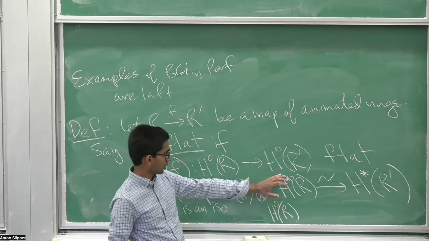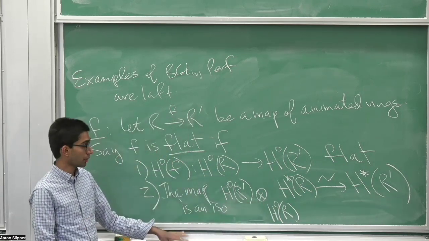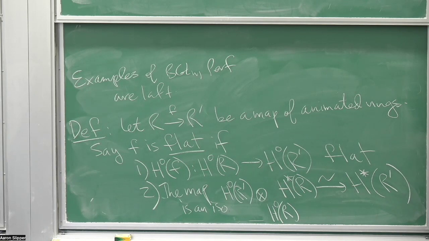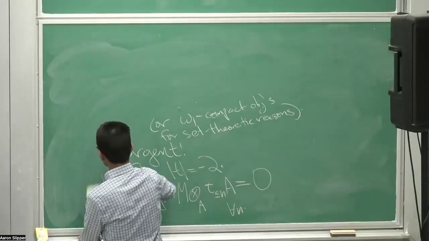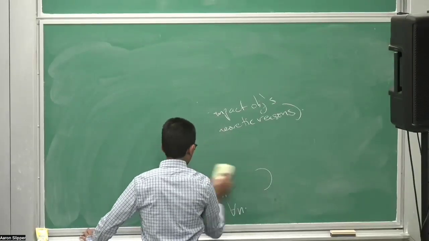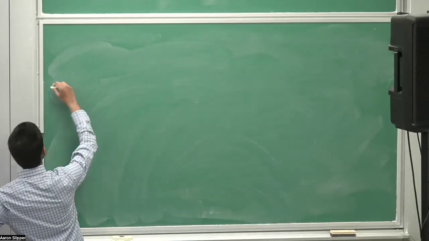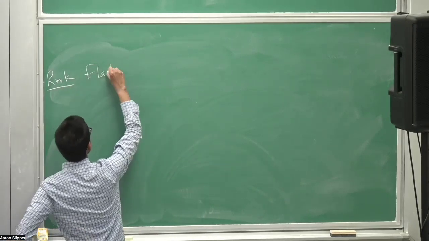In other words, what happens on the higher homology groups is determined by what it does on H0. So this is equivalent to the condition of flatness of F.